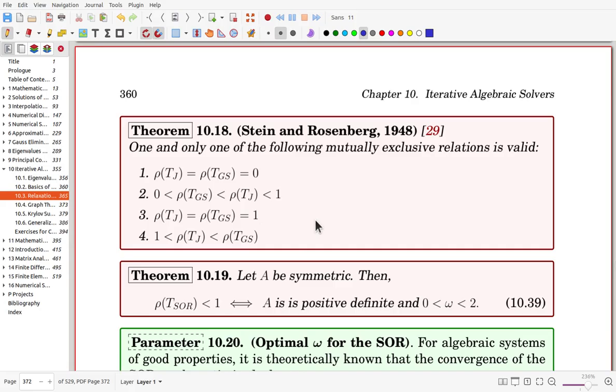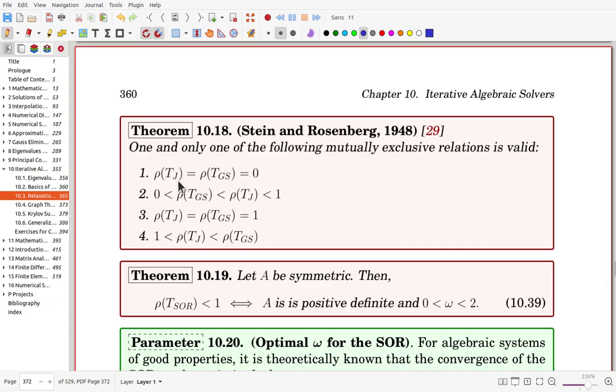Only one case is true. That means once the spectral radius of the Jacobi iteration matrix is 0, then for Gauss-Seidel, its spectral radius must also be 0. So it is a relationship between Jacobi and Gauss-Seidel.